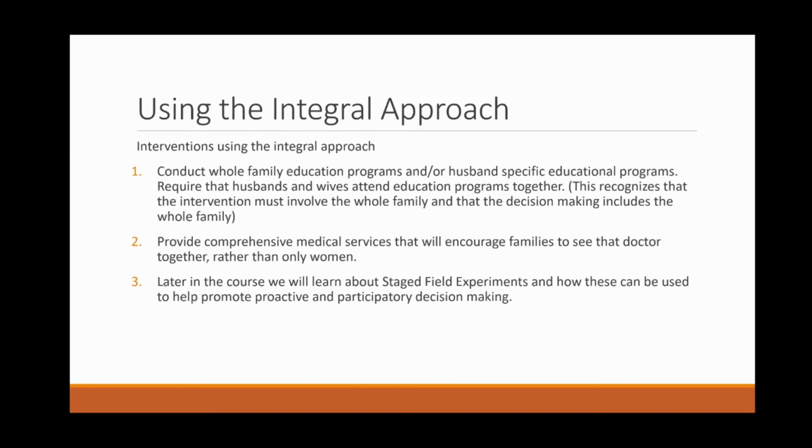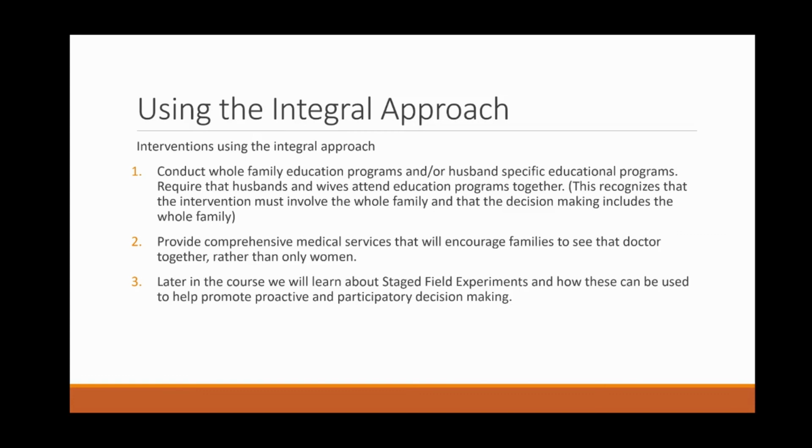They're targeting social persons. So an intervention that targets the whole community in which the decision is being made, in this case the community of the family, might be much more effective than a program that simply targets individuals.